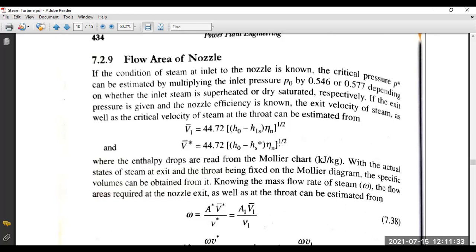Now, what is going on here? We are getting two velocities: the exit velocity of the steam as well as the critical velocity of the steam.